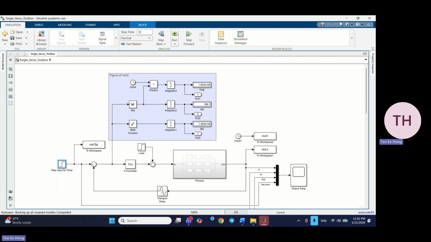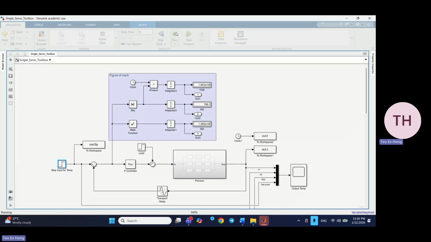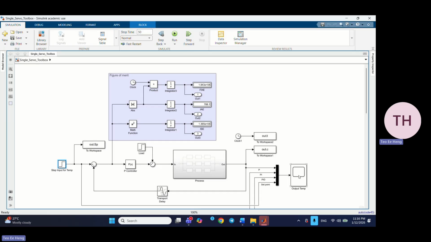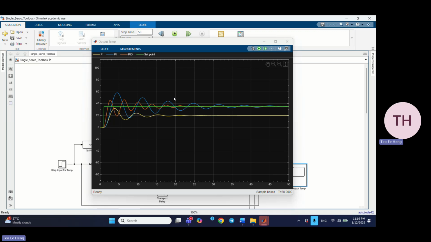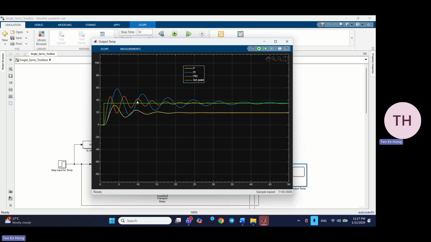Then after we run the model, we can get the response curve like this. We can see the PID is the best one to control the system because it is very fast to reach the steady state.